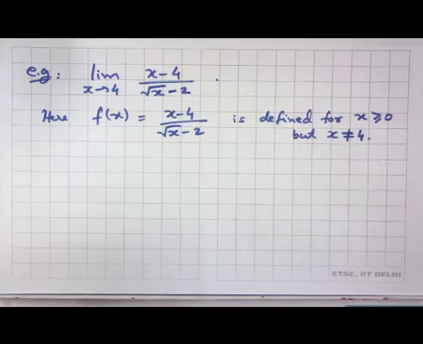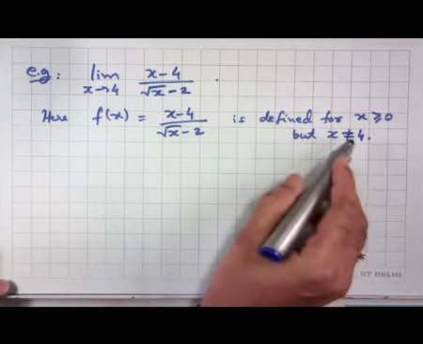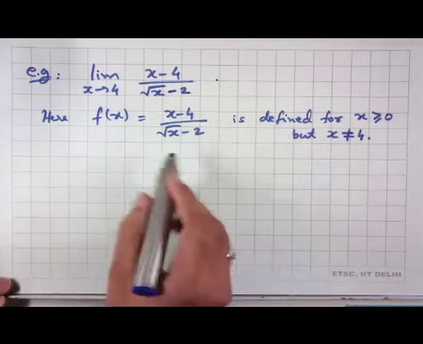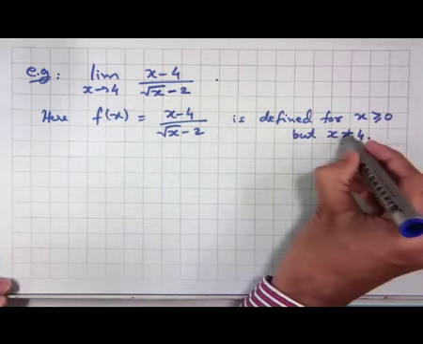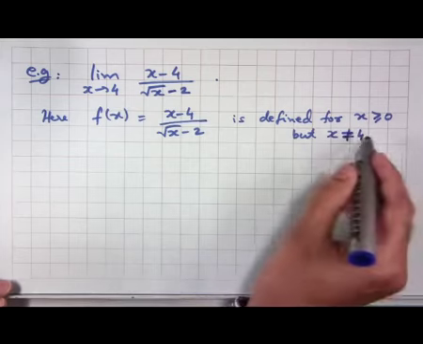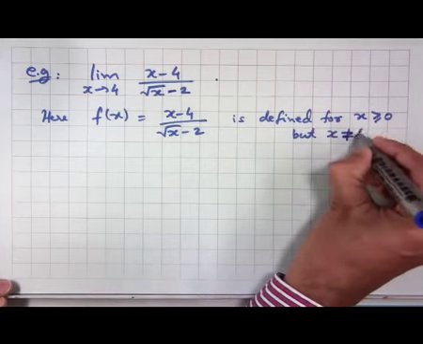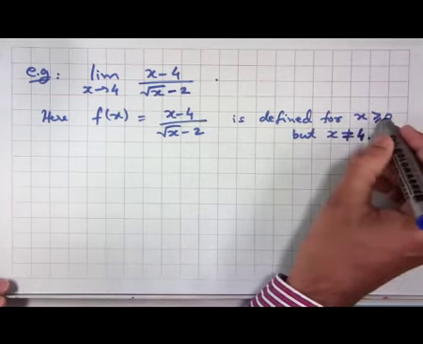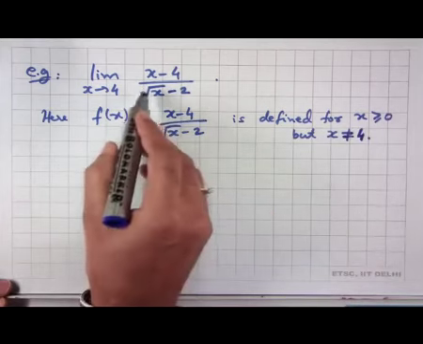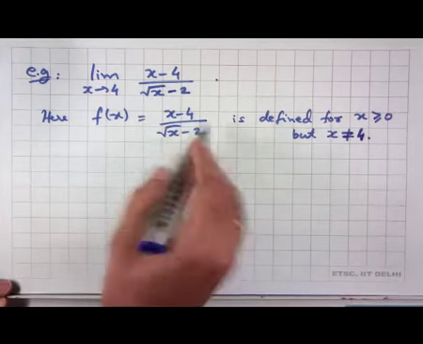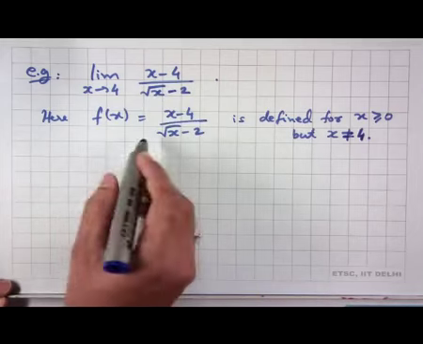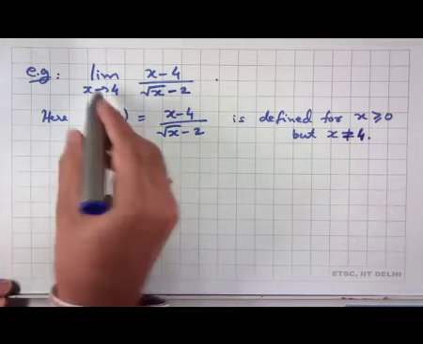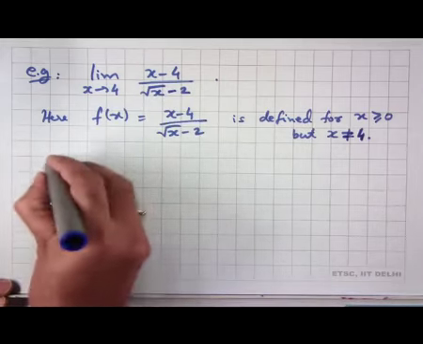So, if I take any interval around 4 which does not contain negative real numbers, then this function is defined and we want to know what the limit is. So, we can talk about the limit of this function.